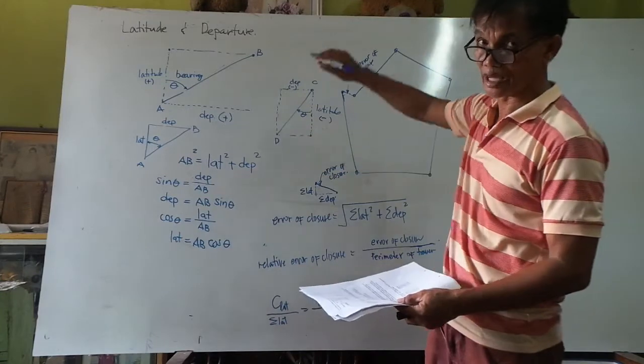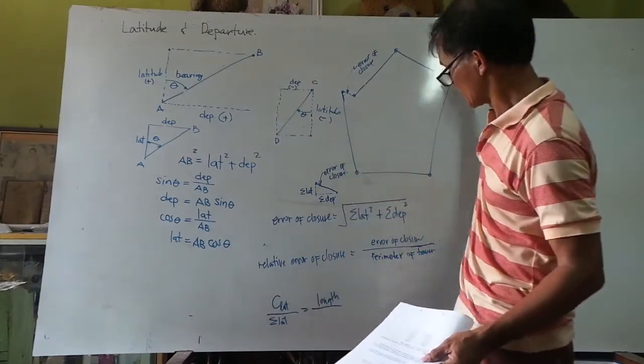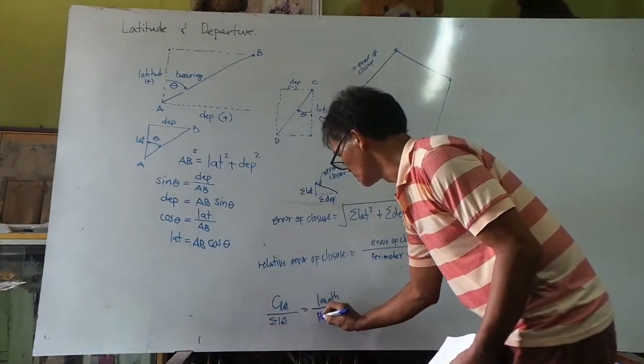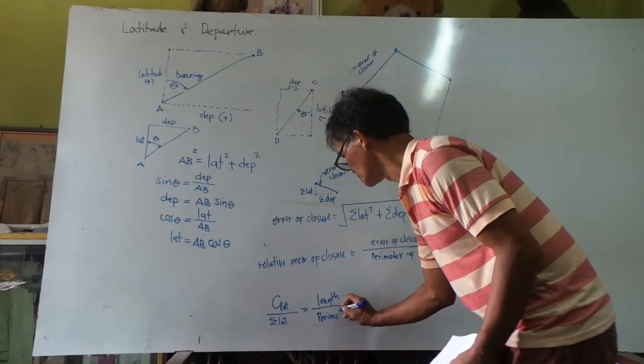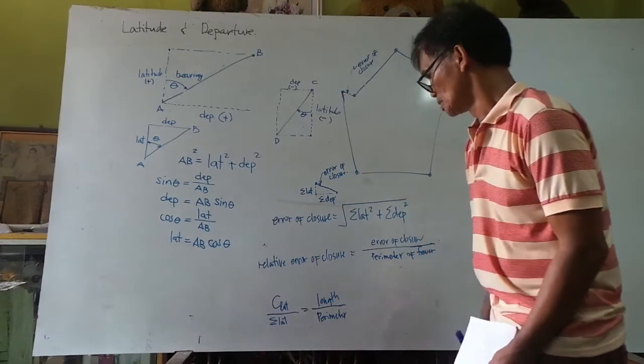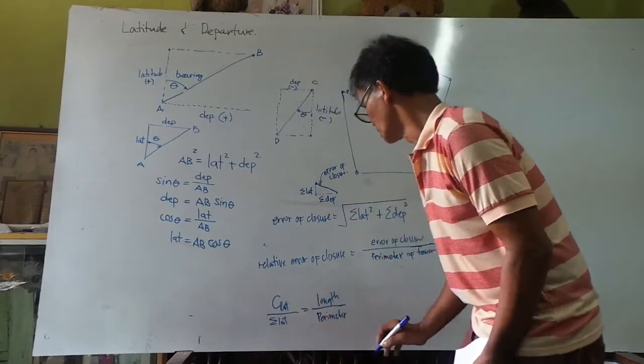The length of the course is, say, the length of line AB. The length of the traverse is the total length, the perimeter. This is the correction for latitude.